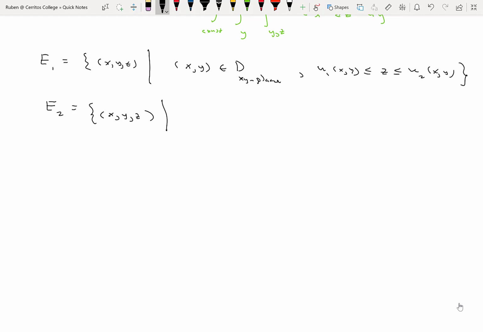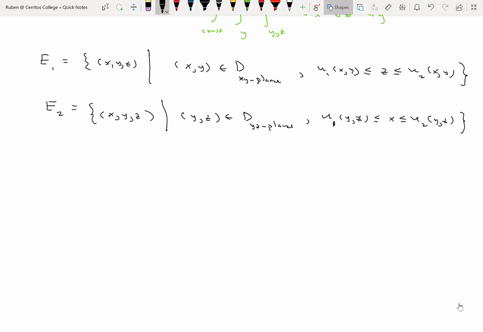The type 2 region considers a projection in the yz plane of a solid consisting of a surface in front and a surface in back, that means in the x direction. So there's x equals u1 of y and z in back, and there's x equals u2 of y and z in the front.